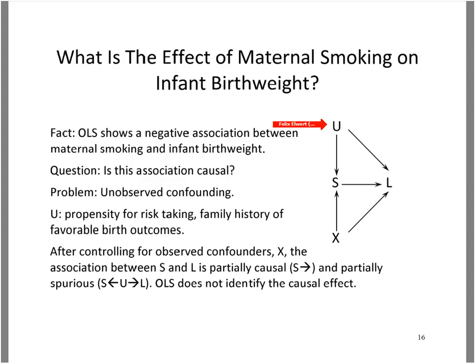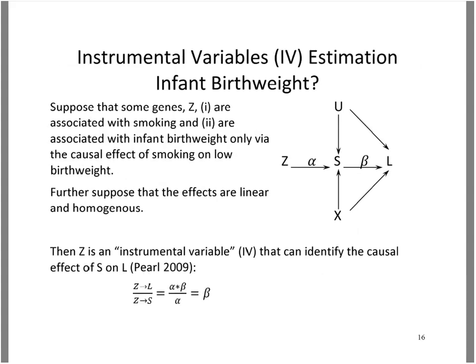So what are we to do? Well, one strategy could be to theorize the content of U. So once we know that unobserved risk factors are a problem, we could try to figure out what those unobserved risk factors are, apply for a beautiful grant, and actually collect data on U. But suppose you can't do that. Perhaps you're not sure what U is, and if we don't know what U is, then we can't very well collect data on it, much less condition on it.